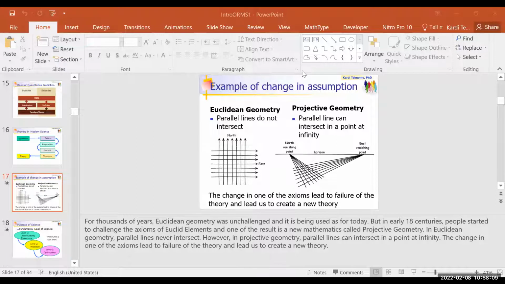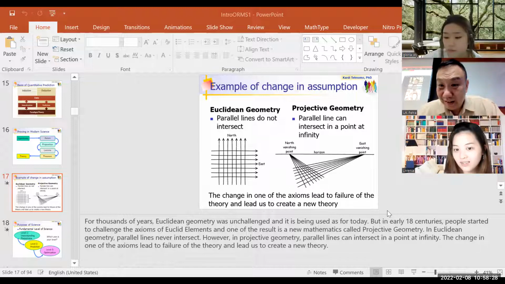Can you see this? So parallel lines in projective geometry actually intersect at the infinite point, the vanishing point, right? Because of that, you draw perspective.